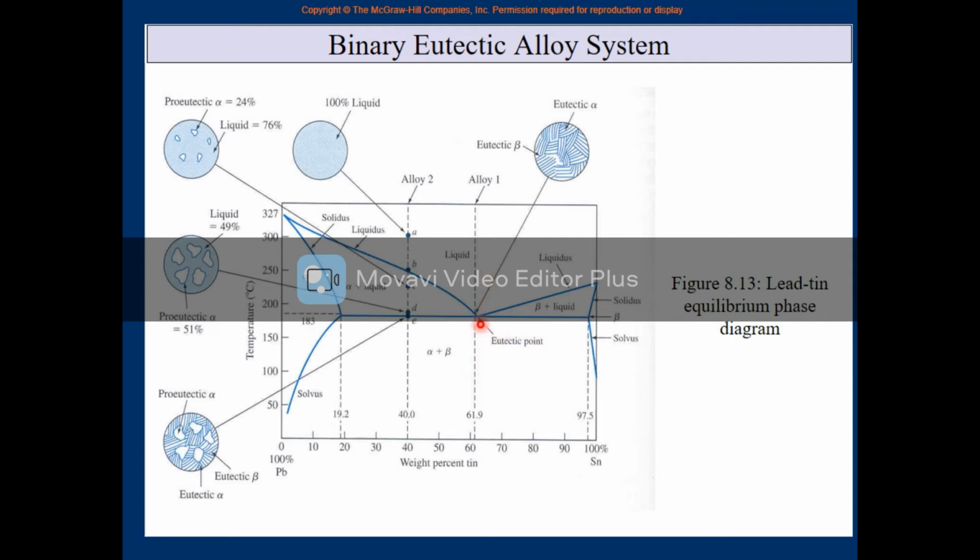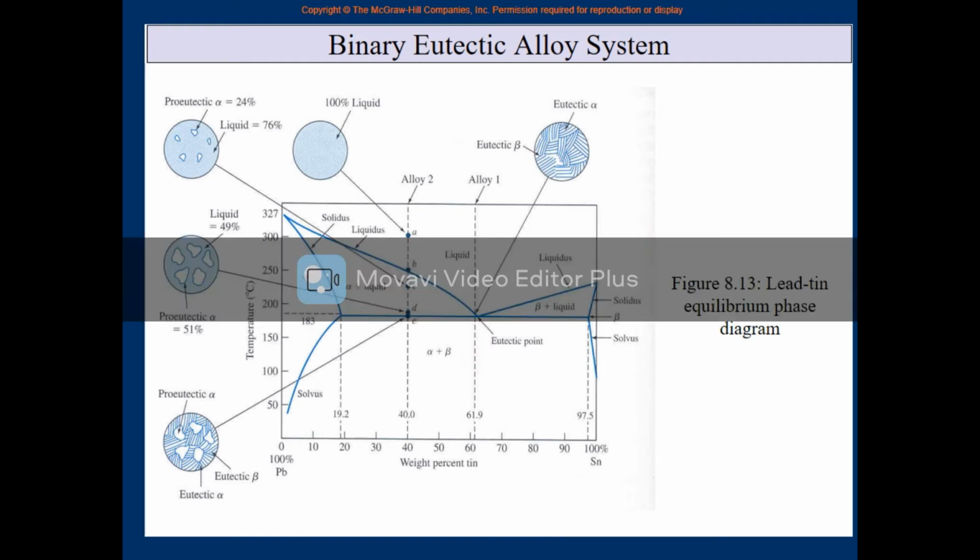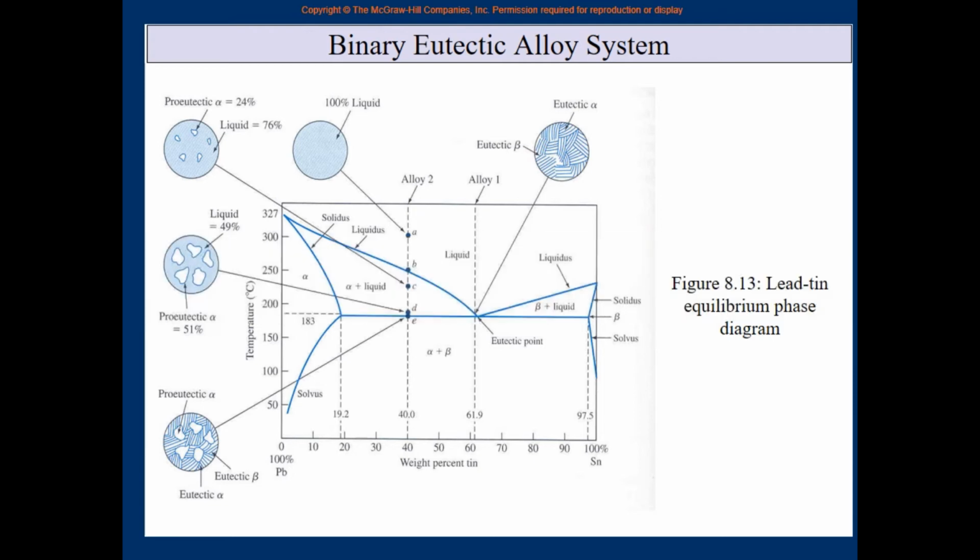So this point is known as a eutectic point, and the reaction of liquid to directly two solids is known as a eutectic reaction, and this can happen on a phase diagram only at a special point. On this lead-tin diagram, this happens at 61.9% composition and 183 Celsius. Okay.